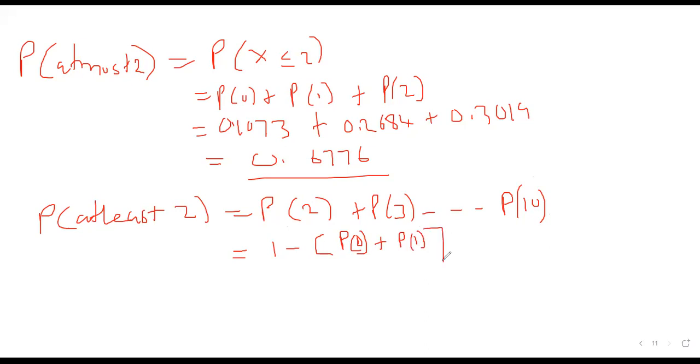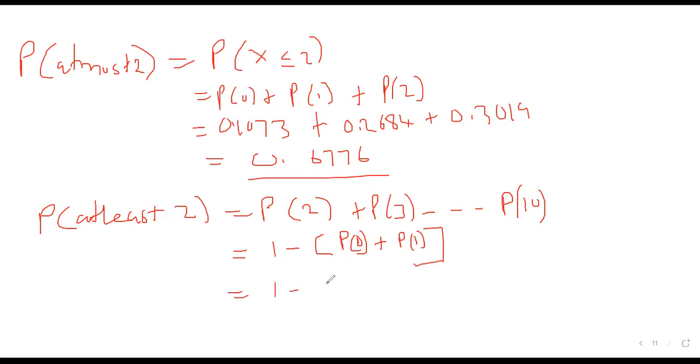I repeat, they have asked us to find the probability of at least 2. It means 2, 3, 4, 5, 6, 7, 8, 9, 10, which is a tedious procedure. Because we know the probabilities from 0 up to the last number give us 1, the easiest way is to find 1 minus the probabilities of the numbers just below 2.